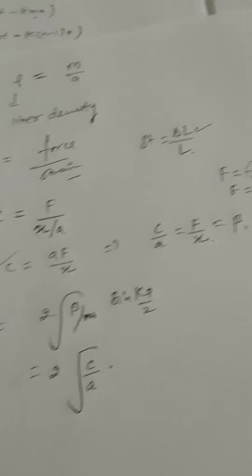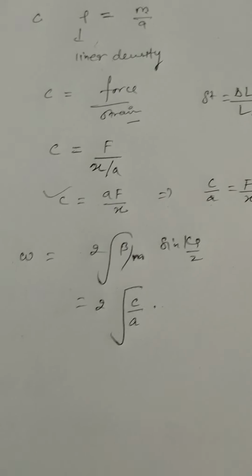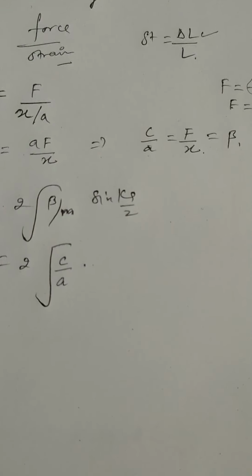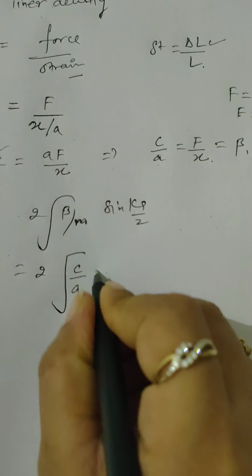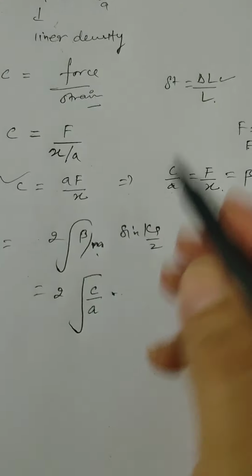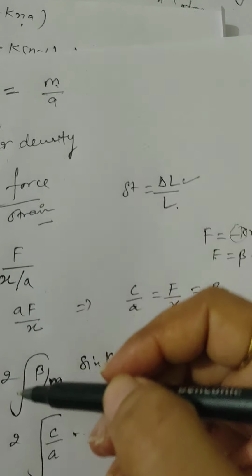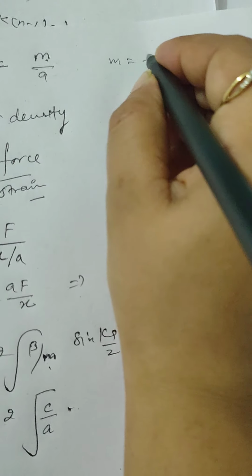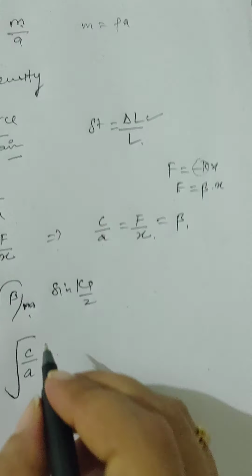So C is equal to beta a, and beta is equal to C by a. The value of mass is equal to rho a.